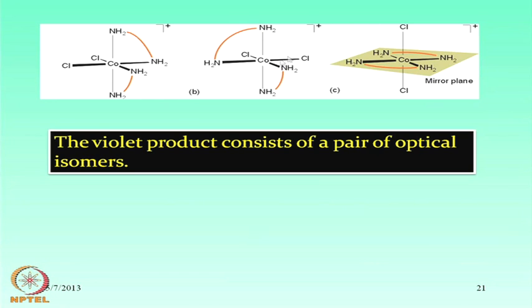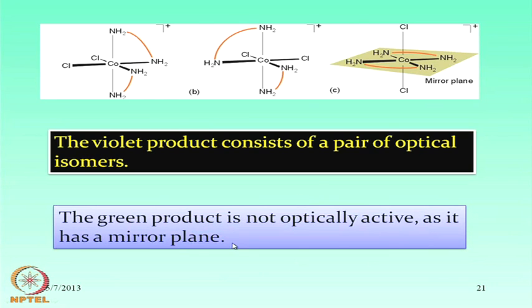So, we can label this violet one as the cis dichloro compound, and these two cis dichloro compounds are optically active. One is labeled as delta and the other as lambda, and the green product is not optically active because it has a mirror plane. So, the green product, the trans product, is an optically inactive product which we get as one isomeric form.